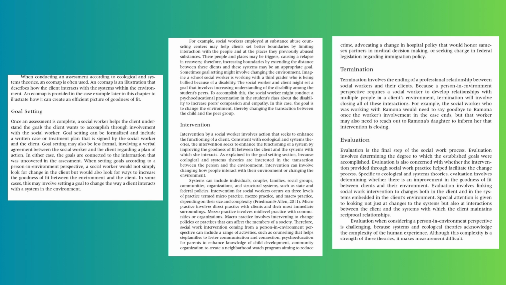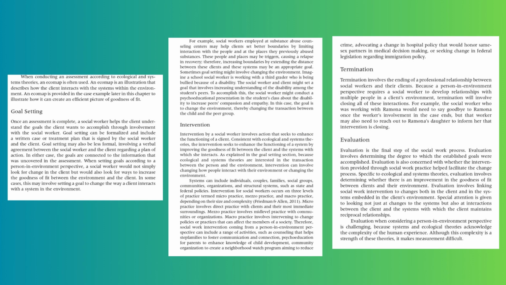As explained in the goal setting section, because ecological and systems theories are interested in the transaction between the person and the environment, intervention can involve changing how people interact with their environment or changing the environment. Systems can include individuals, couples, families, social groups, communities, organizations, and structural systems such as state and federal policies.